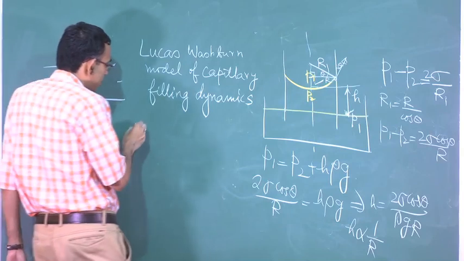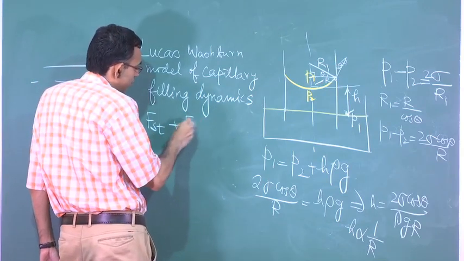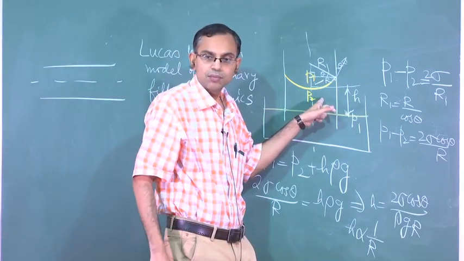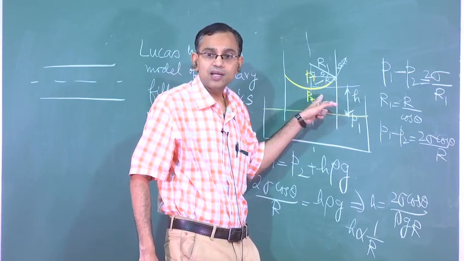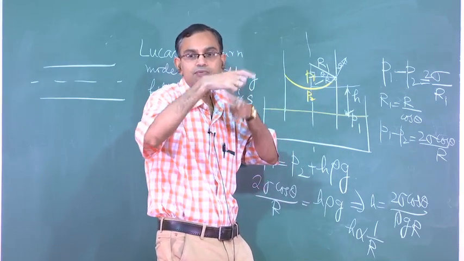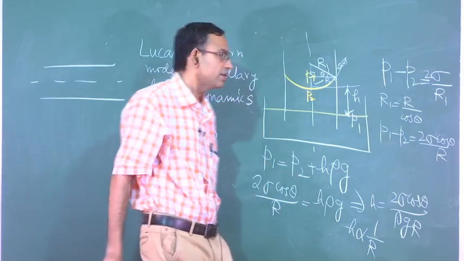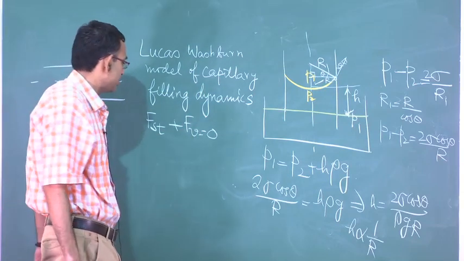The forces which are balancing are surface tension and viscous forces. See, here we have not considered viscous forces because it is a statics problem. Viscous forces come into the picture when there is a relative motion between the fluid layers, or between the fluid and the solid boundary. So, surface tension plus viscous equal to 0.